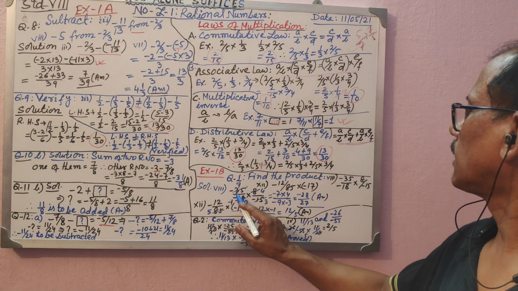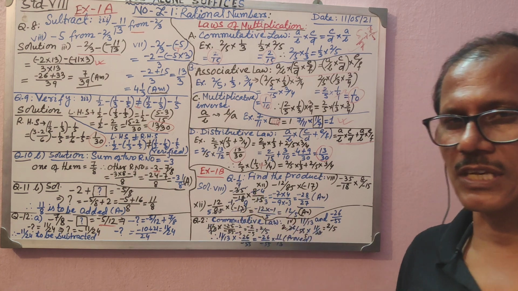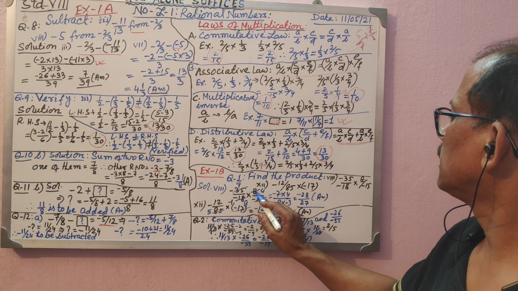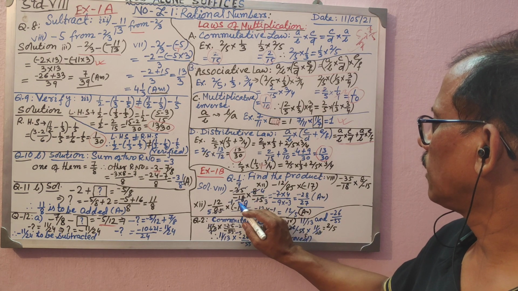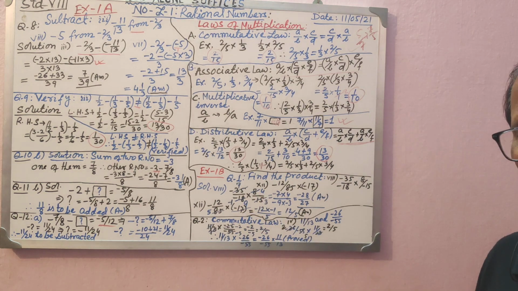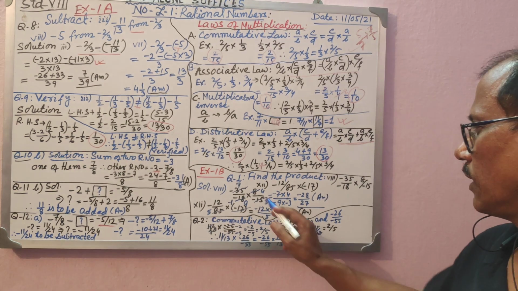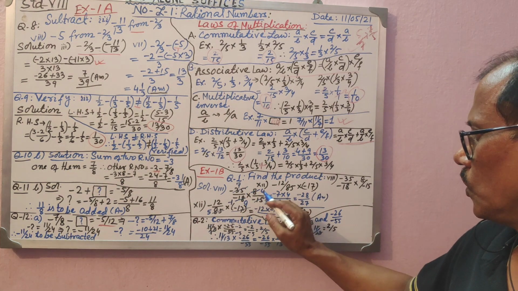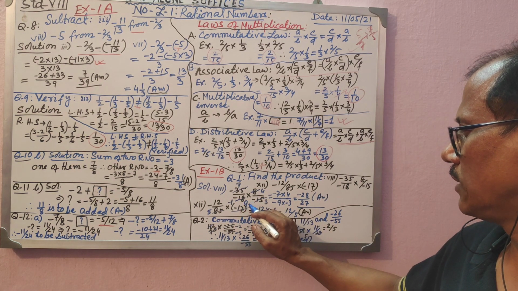See, minus 30 by 5 by 18 and 8 by 15. When you are cancelling, it means you are doing the division. So 18 will cut with 2, a common divisor for 18 and 12. The numerator will be cancelled by the denominator. That means actually you are doing the division by the HCF of the product of numerator and denominator. 8 will go with 2, 4 to the 8 and 9 to the 18.